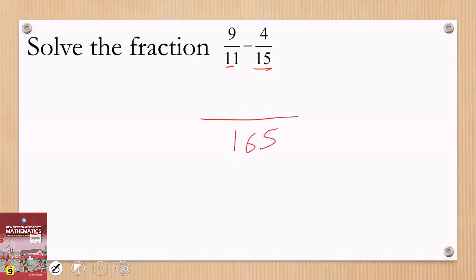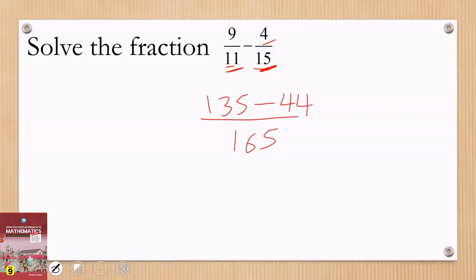So how many times does 11 divide 165? That is 15, and so we do 15 times the numerator. 15 times 9 gives us 135. Minus, now 15 can also divide 165 as 11, and 11 times 4 gives us 44.